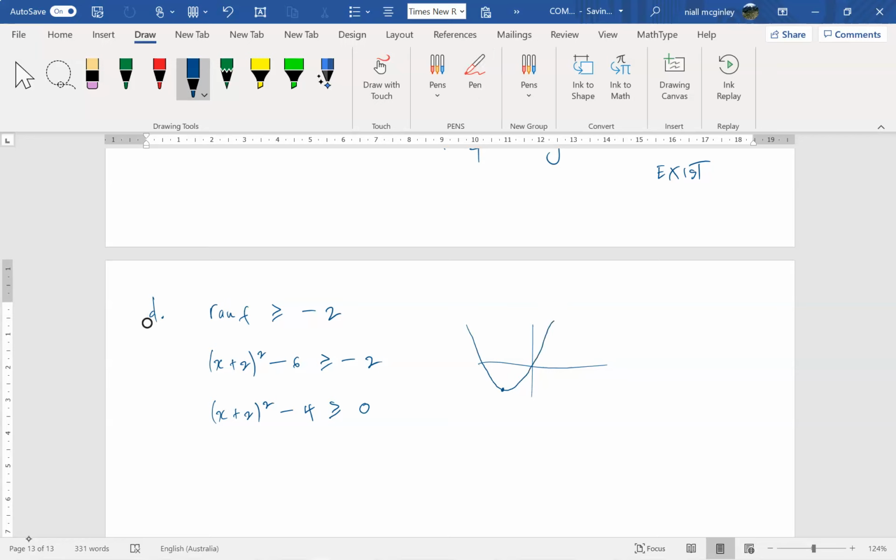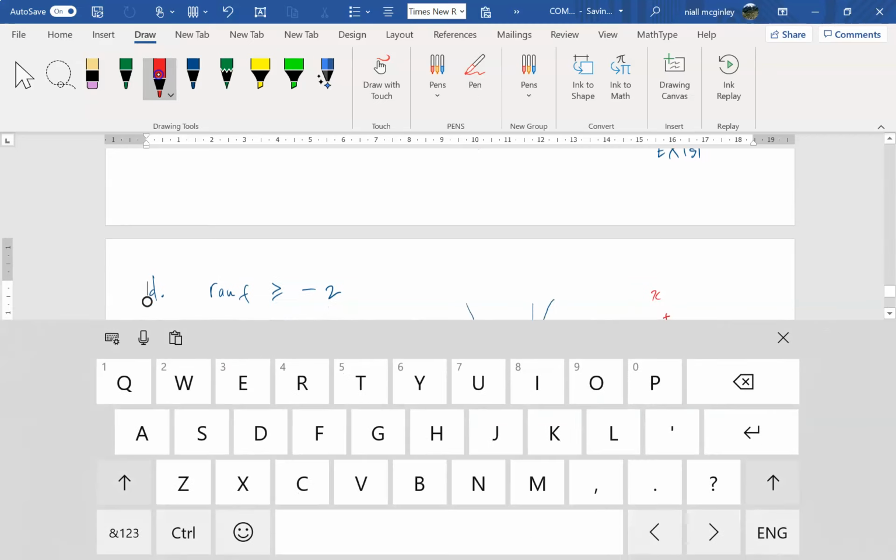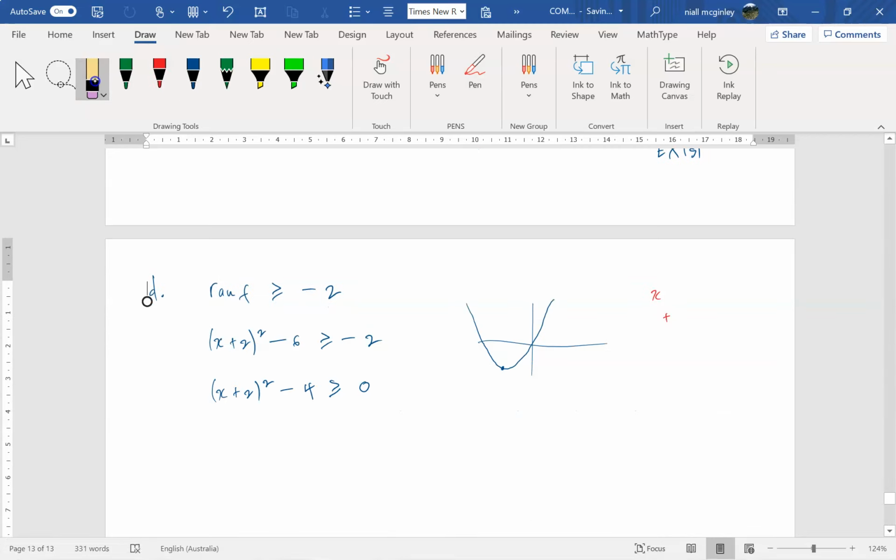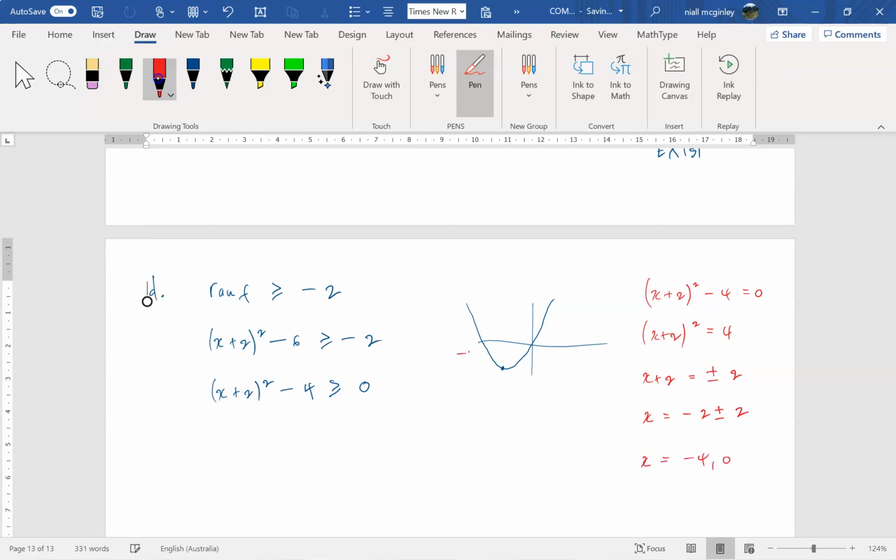Okay, so all we want to do is work out what these intercepts are. Probably should have done that before I drew it. Let's see here, we've got (x plus 2) squared minus 4 equals 0. So (x plus 2) squared is going to equal 4. x plus 2 equals plus or minus 2. x equals -2 plus or minus 2. So x equals -4 or 0.